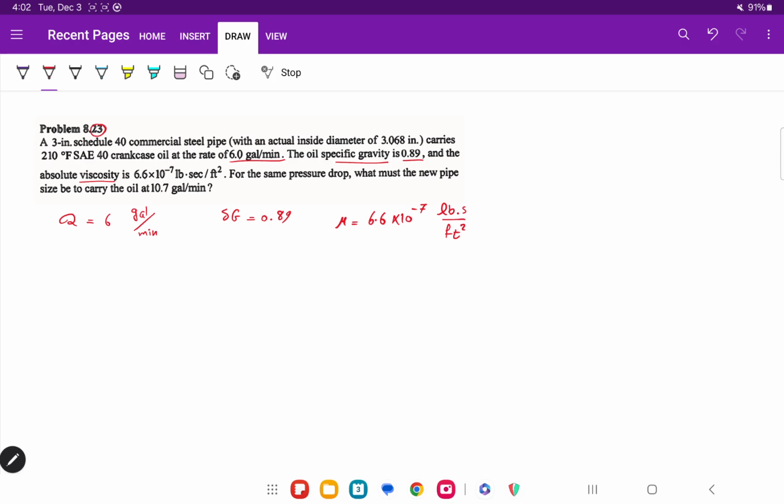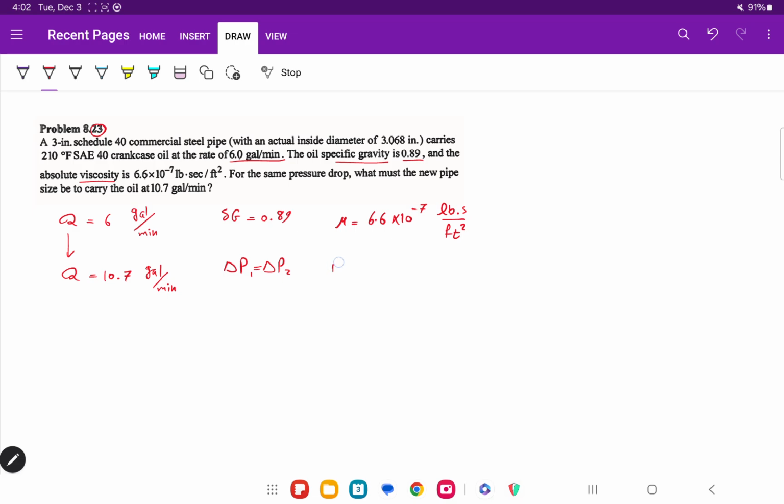For the same pressure drop, what must the new pipe size be to carry the oil at this flow rate? So this is the flow rate, and we want to know if the flow rate increases to 10.7 gallons per minute, and we want to have the same pressure drop, so delta P1 equals delta P2. What must be the new pipe size?